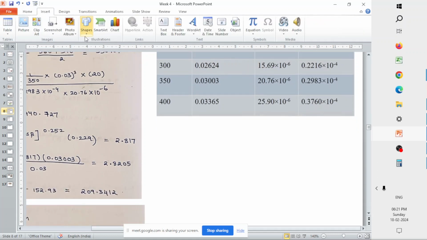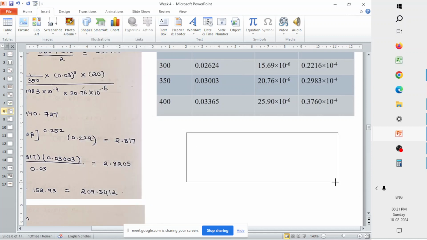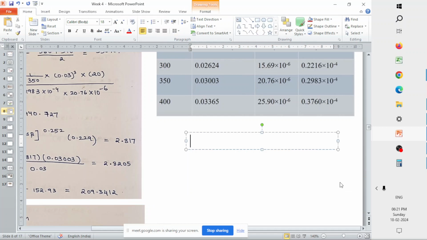Let's just check for one. I'll show how to solve this. Here we are assuming that all the three parameters are a linear function of your temperature. So in that case the slope will be the same. You can actually calculate the slope.